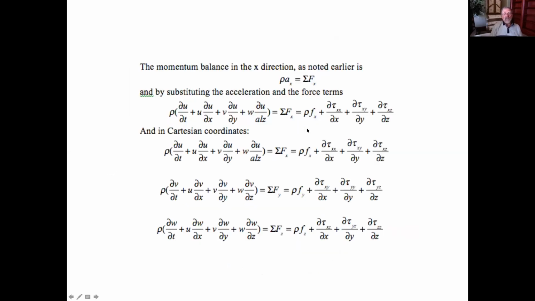If I want to do it easily, I can say that this is how we started. For example, the x direction. If I do this, then I end up with the x component. And if I do the other directions, y and z, this would be the three-dimensional differential representation of the momentum equations.